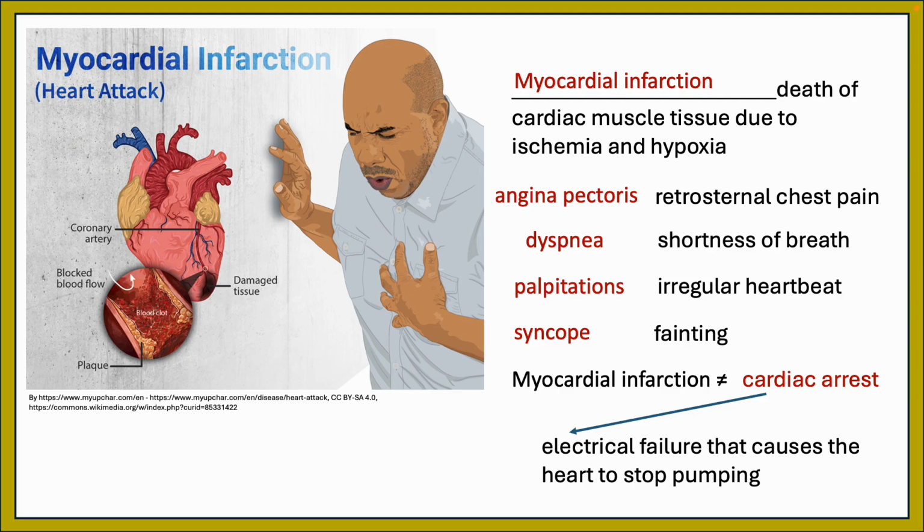Tests for this: you can do an ECG, which will show changes in the ST segment and the Q wave. Imaging using an echocardiograph or a cardiac MRI, and then certain blood tests like testing for creatine kinase MB and cardiac troponin. Both of these things are released when cardiomyocytes are damaged. So that's a way of detecting whether that has happened.